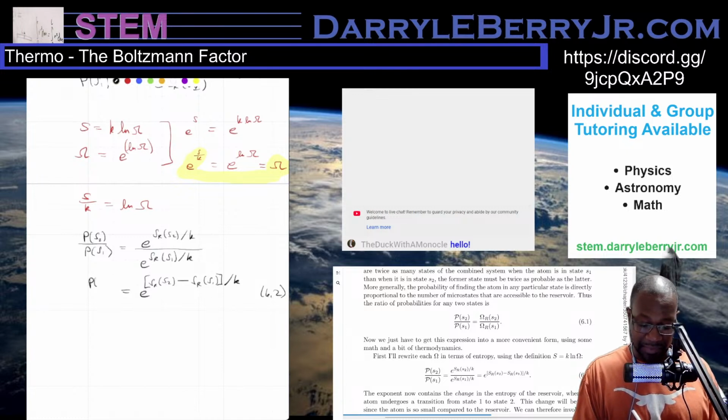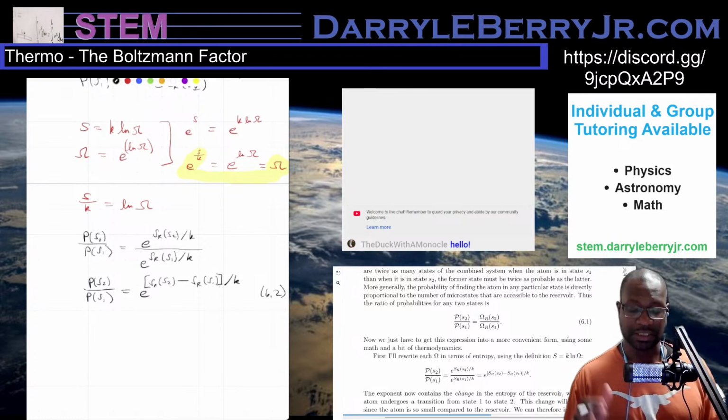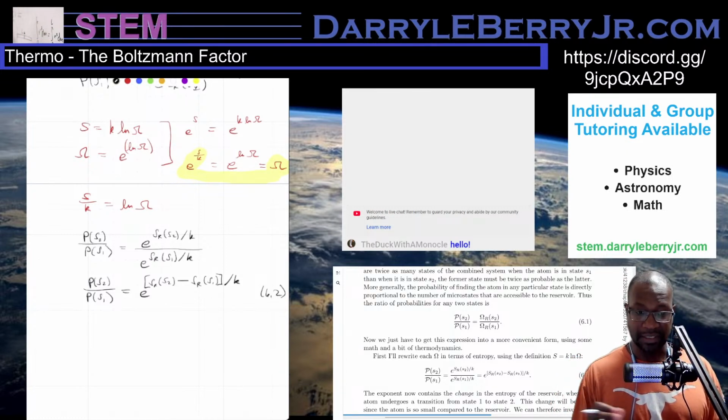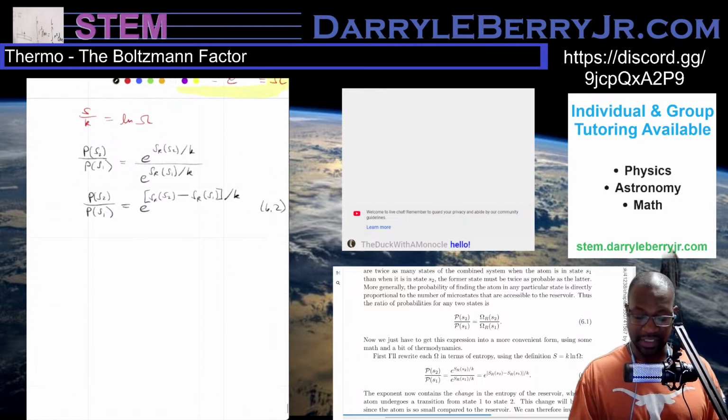So the ratio of probabilities of the particle being in state 2 divided by the particle being in state 1 is the exponential of the difference between the entropy of the reservoir while the particle is in state 2 minus the reservoir while the particle is in state 1, the exponent all divided by k.